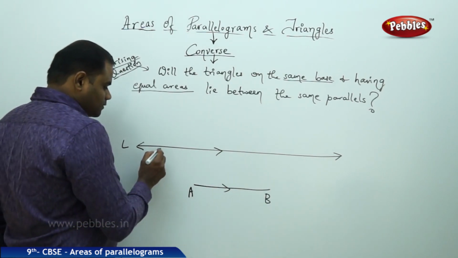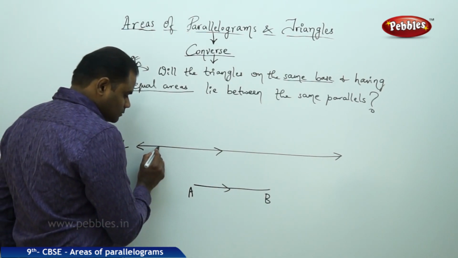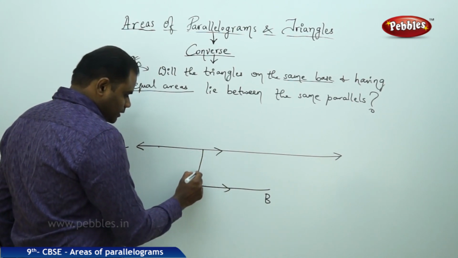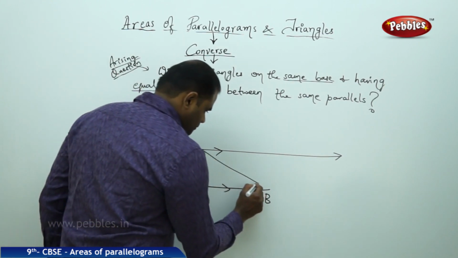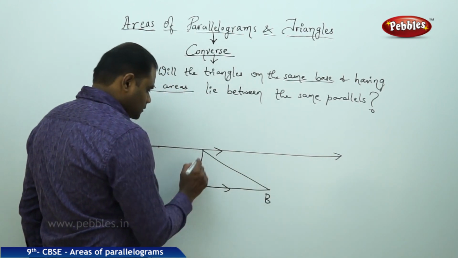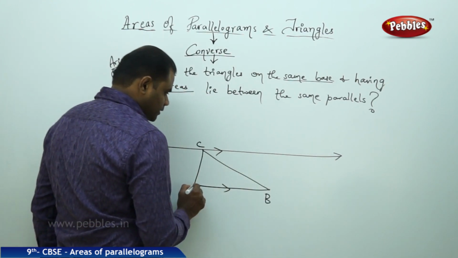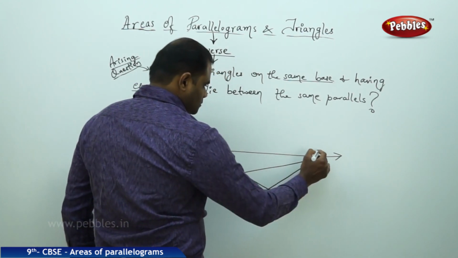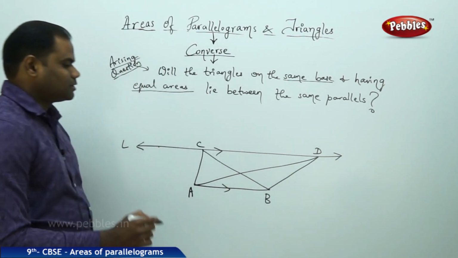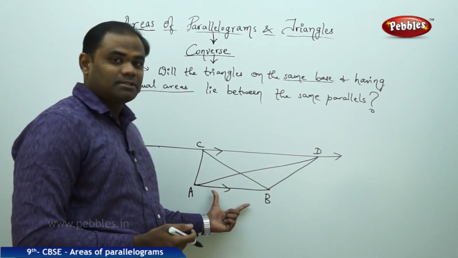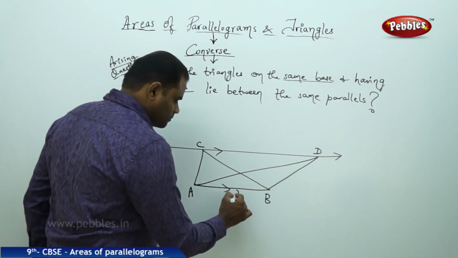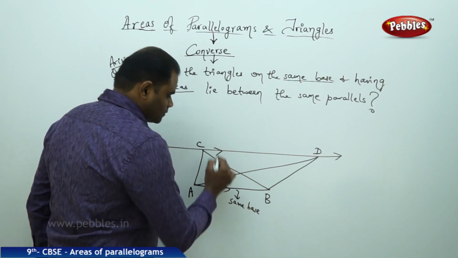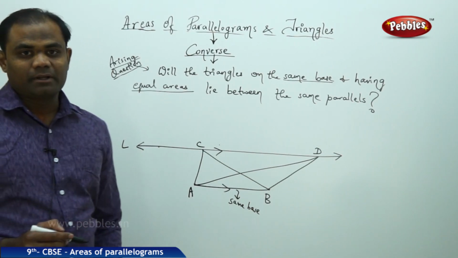So the planar region of the first triangle, let me take the triangle out here, and let me take the other triangle out here, which are on the same base AB. So here is the same base, and they are between the same parallel lines.